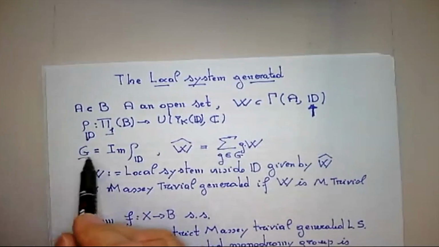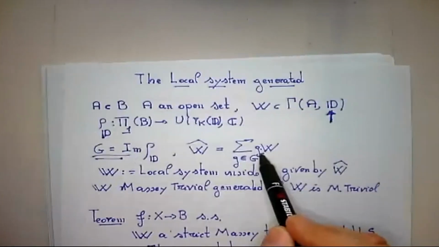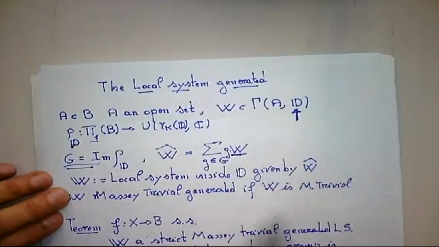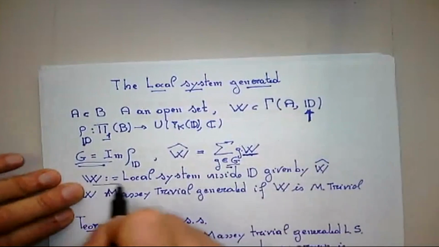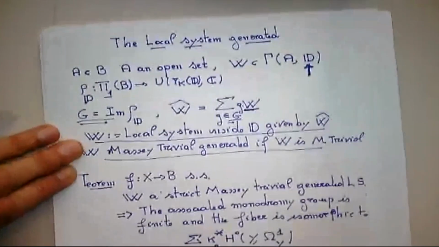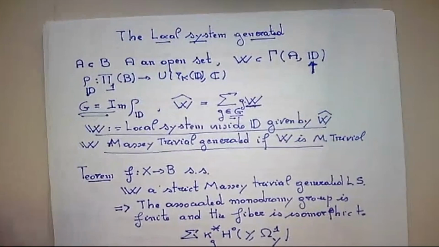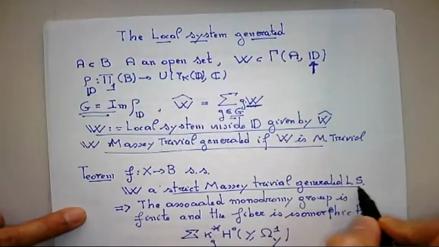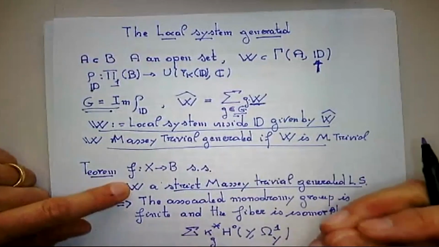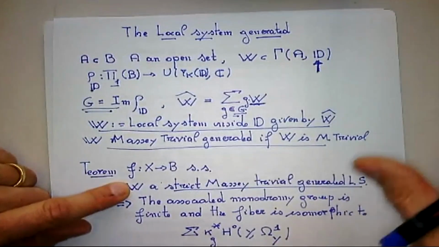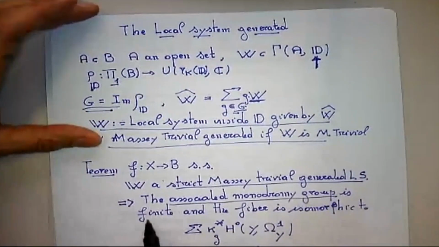Then you know that you can take the image of this, it acts over, obviously, D, and you can take your sublocal system, which is not W, but W translated by the group G. This is a local system because it is invariant by G, and when it is Massey trivial generated, when, let me say, the new direction does not exist, how can I say, when you can control the top forms on fibers with one forms on fibers, this is the essential meaning, then the associated monodromy group is finite.